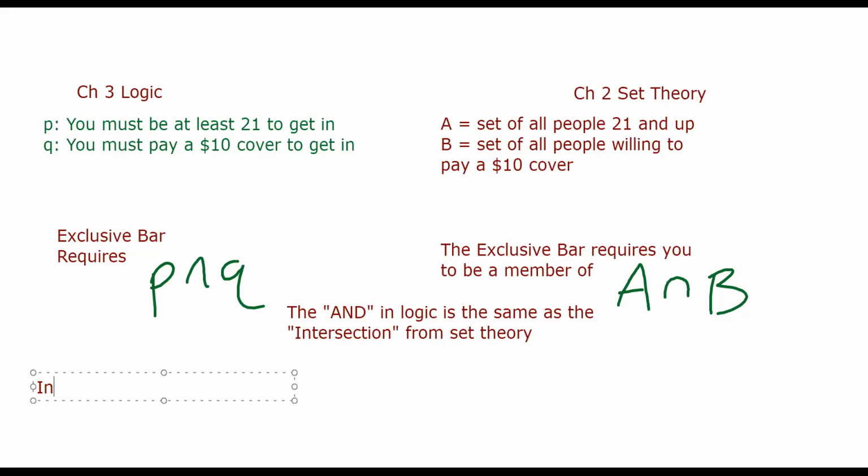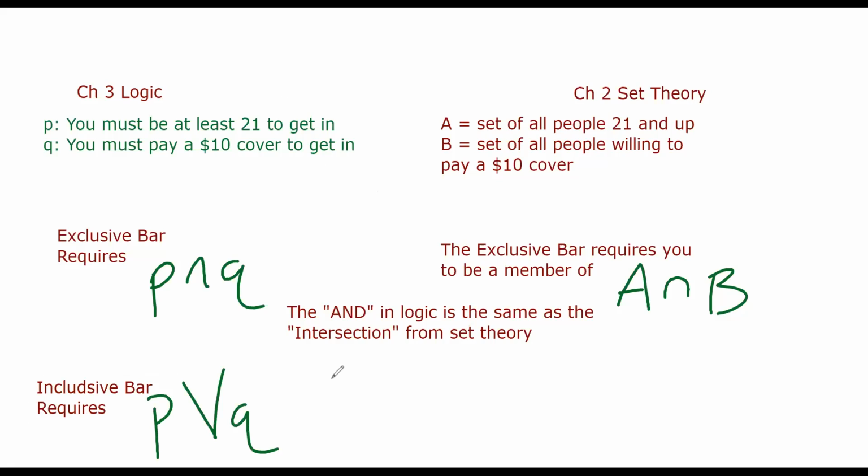Now the more inclusive bar, the one that's willing to let more people in. In logical terms, in P and Q terms, it requires P or Q. It requires you to either be at least 21 or be willing to pay $10. And I misspelled inclusive.